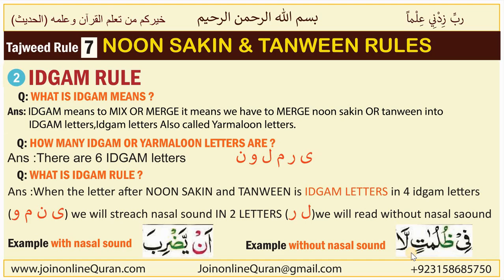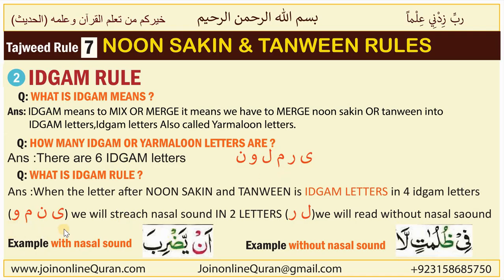Okay, so we can just revise once what we learned today. What is the idgham rule? Idgham means to merge or mix. And how many idgham letters are there? There are 6 idgham letters. And when these letters come after Noon Sakin and Tanween, we will merge this Tanween or Noon Sakin into these 6 Yarmaloon letters.